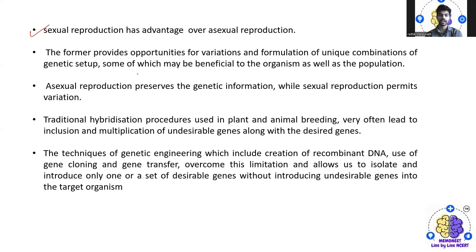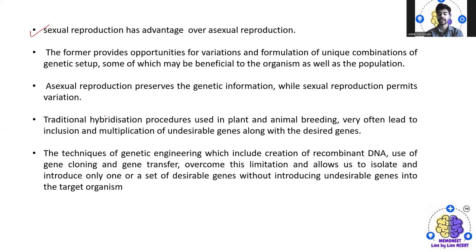Then we have the traditional hybridization process, which is used in plant and animal breeding and very often leads to what? Insertion, that is, multiplication of undesired genes along with the desired gene.